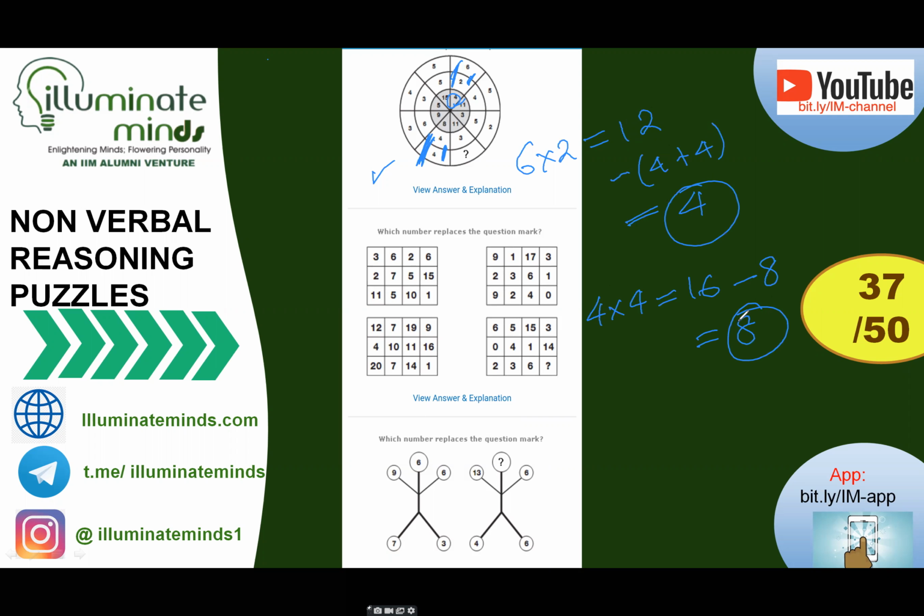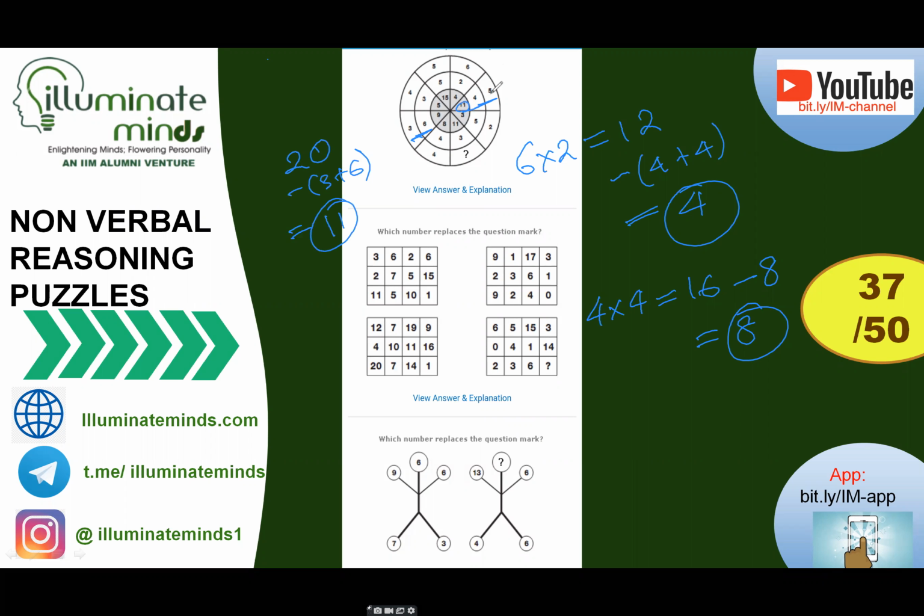Again, let's do it, guys. So I'm rubbing it off to make it more clear for you. So I'm doing it on the other circle now. So look over here. 5 into 4 is 20 minus 3 plus 6. This will give me how much? 11.